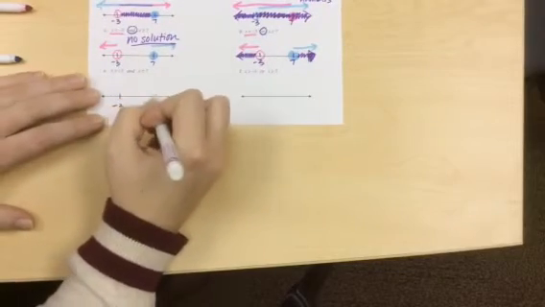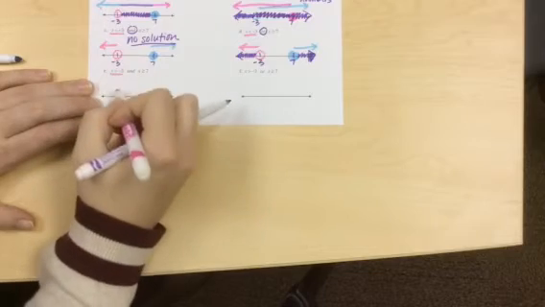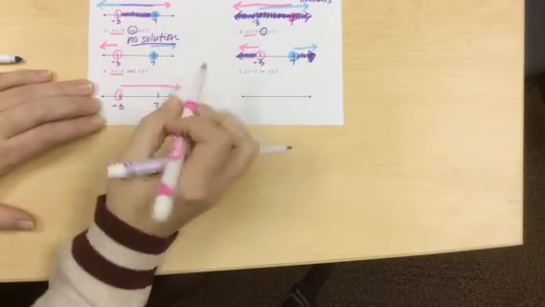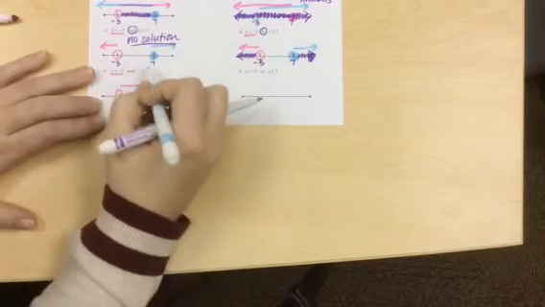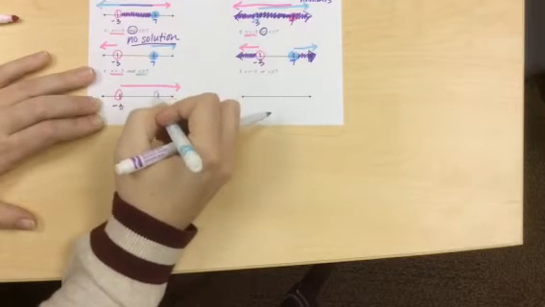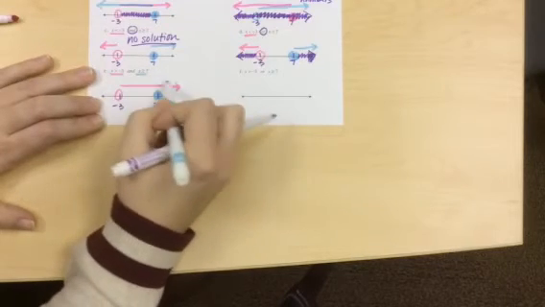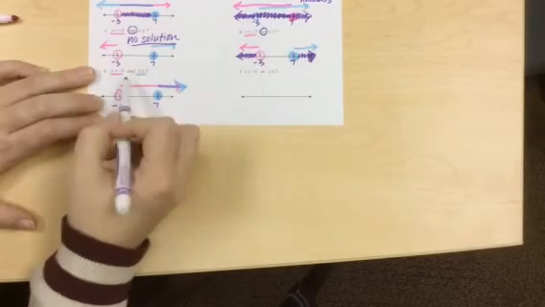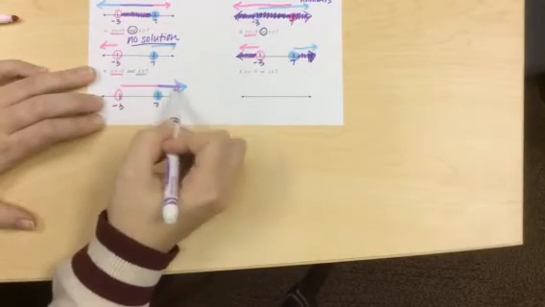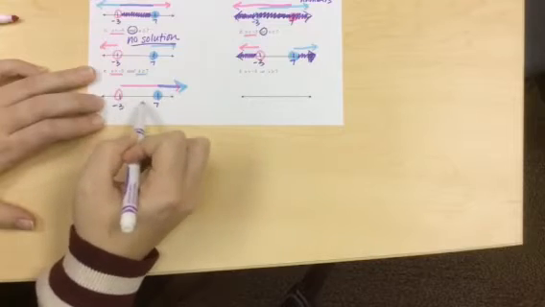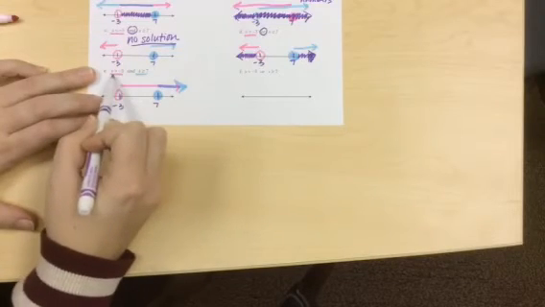Okay, and then last one, second to last one. Greater than -3, so that's to the right, and greater than or equal to 7. Because it's an and, I'm looking for where do those colors overlap. If I look in the center, the only inequality that's true is x is greater than -3.